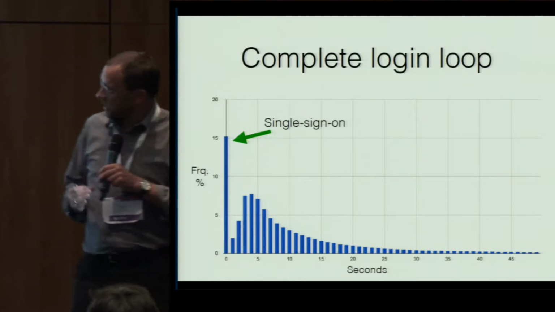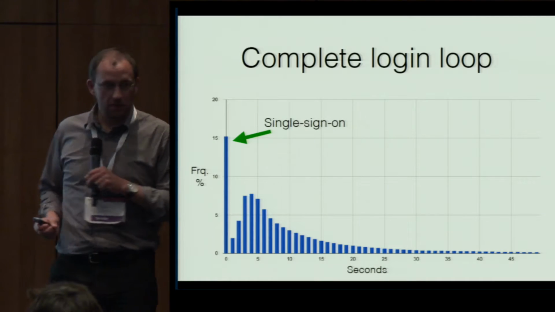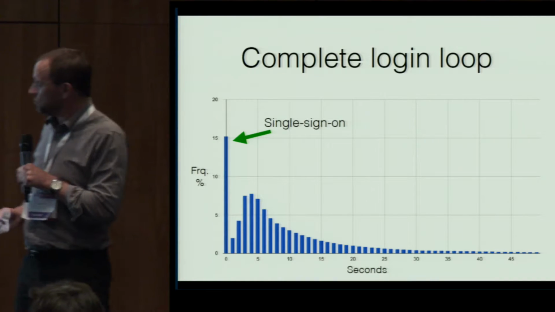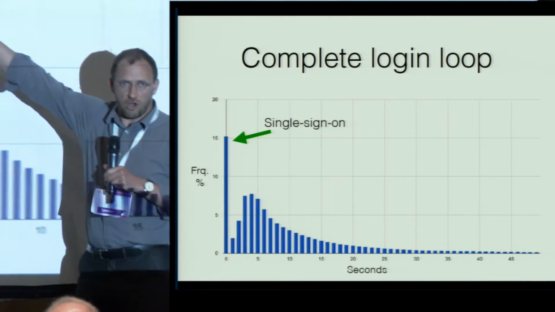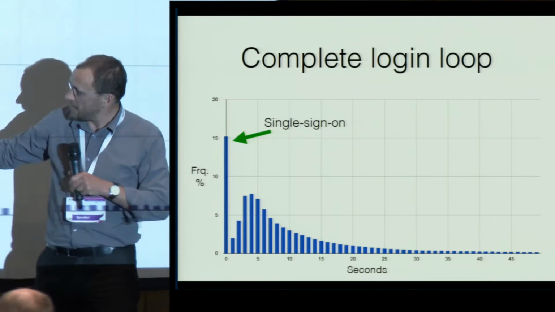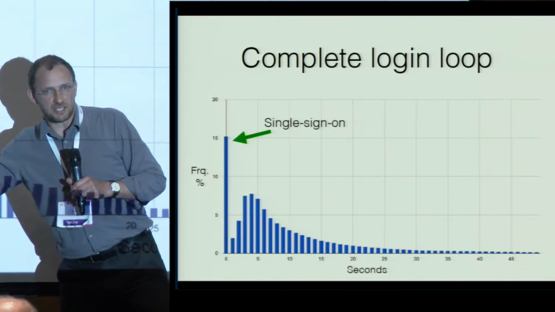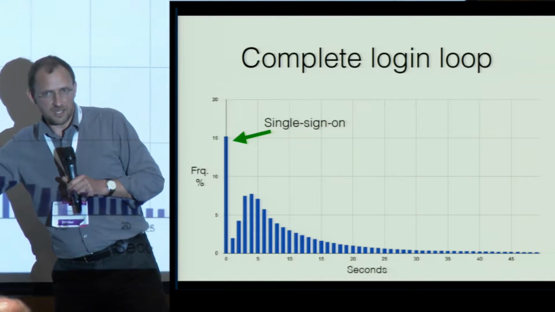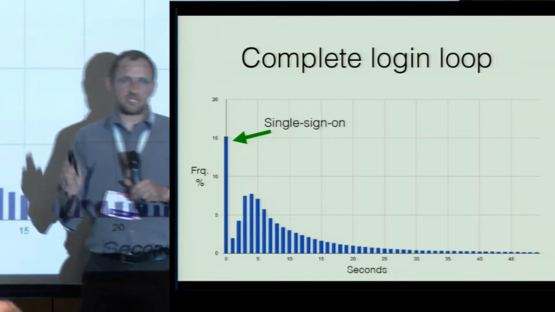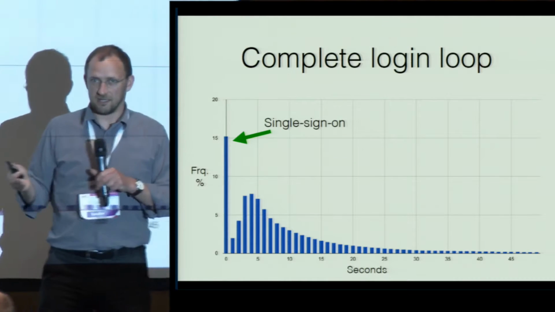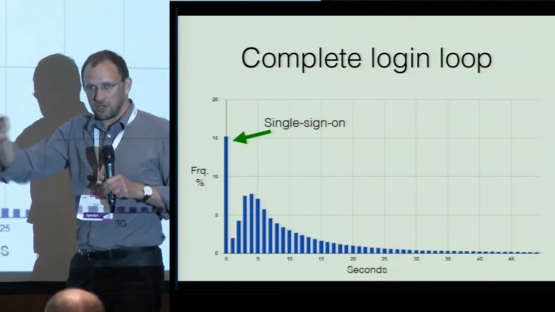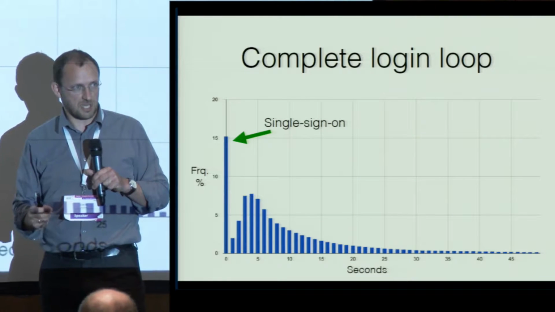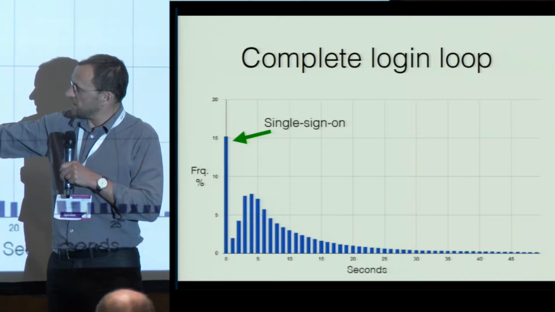Now look at this. This is a graph of the complete login loop. We can see that the spike here is 15% of all logins happening within less than a second. Why is that? Because single sign-on is in play here. They have logged in to one service, they go to the next one, and boopty, because we have single sign-on, it goes very fast.